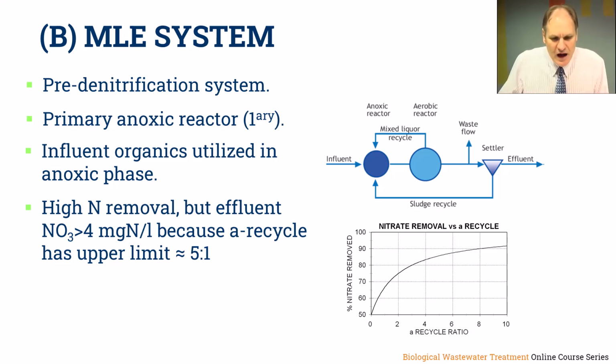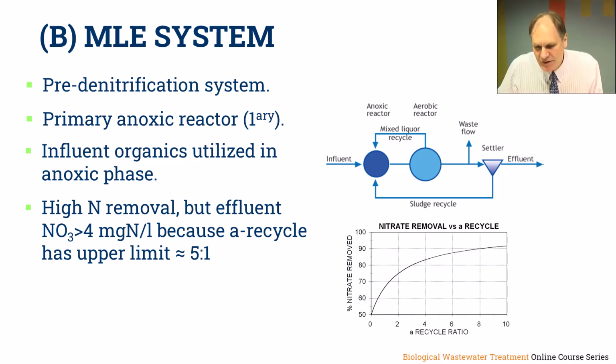Now, in order to get a high nitrogen removal, we need to have high recycles. And on this graph here is shown the percentage nitrogen removal that I would achieve in the anoxic reactor for the A recycle ratio.